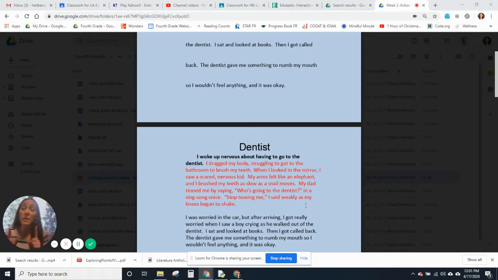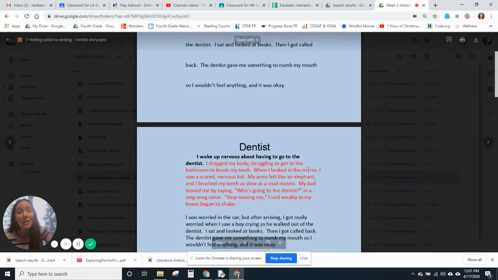All right, so we know that this character is nervous now because of some of the actions that they're doing. This person dragged their body, okay? They're struggling to get to the bathroom. They're looking in the mirror. Their arms feel like an elephant, meaning their arms are really heavy. This is torture for them to think about having to go to the dentist as they're waking up.